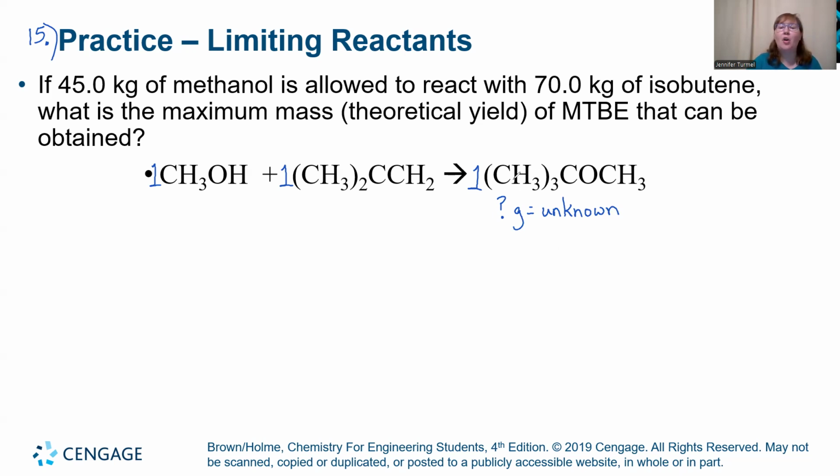So if you count up all the carbons and hydrogens and that one little oxygen here, you will get a value that is 88.15 grams per mole for your unknown. Okay, now let's take a look at what's next. These are both in kilograms, and you're going to need to convert that.